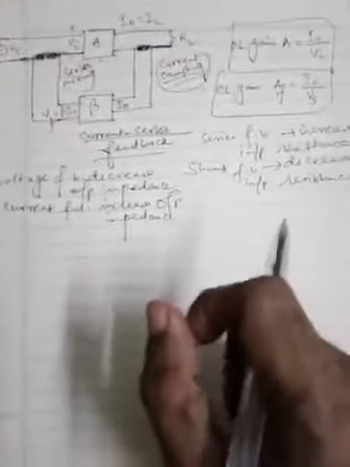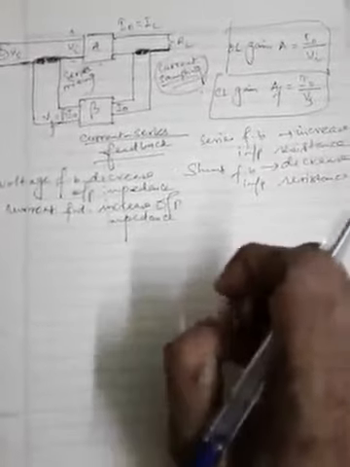So these are the comparisons between the different types of feedback topologies in terms of increase or decrease of input or output impedance. Now typically higher input and lower output impedance are desired for most of the applications.